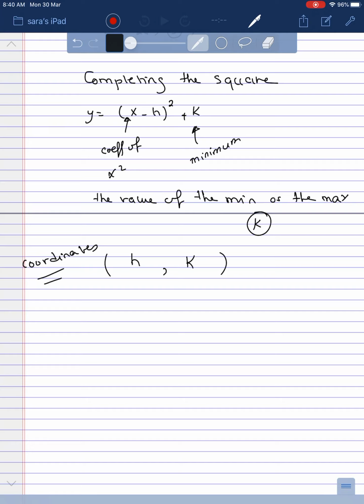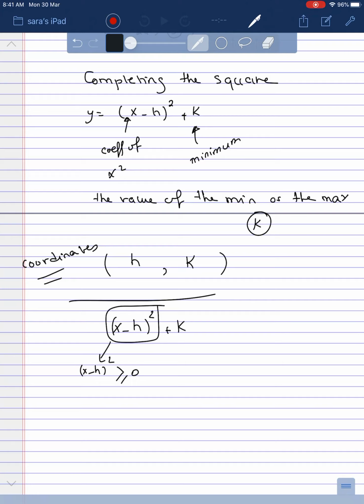One last thing: why is k the minimum or the maximum? How could I find it? When I write a quadratic function in this form, I know that the squared value can either be 0 or any positive value, so x minus h to the power 2 is always greater than or equal to 0.